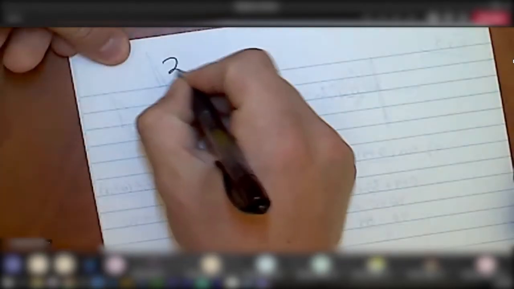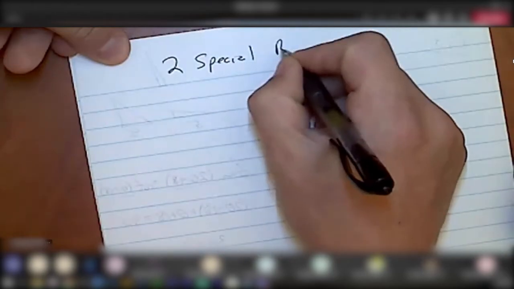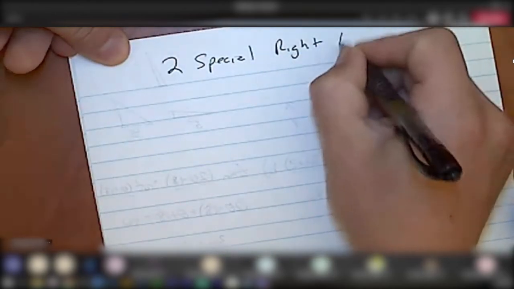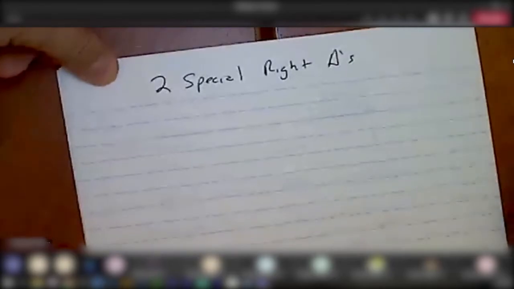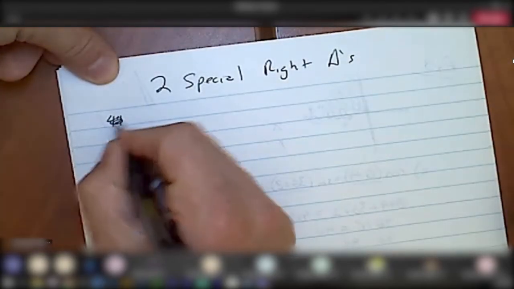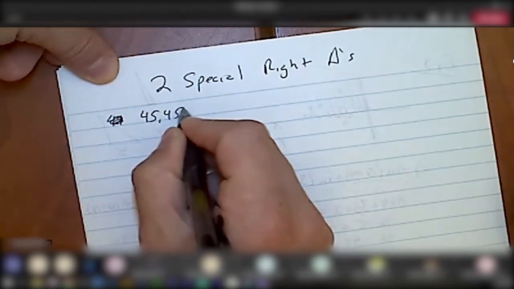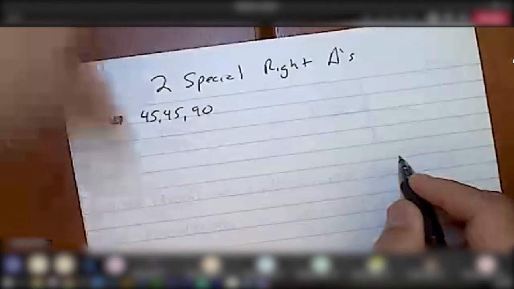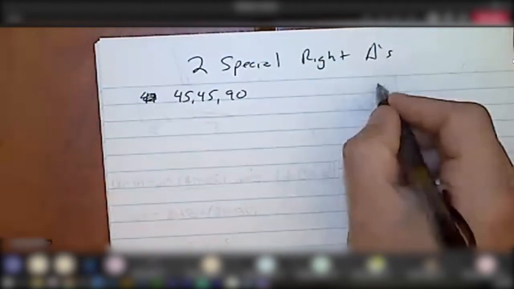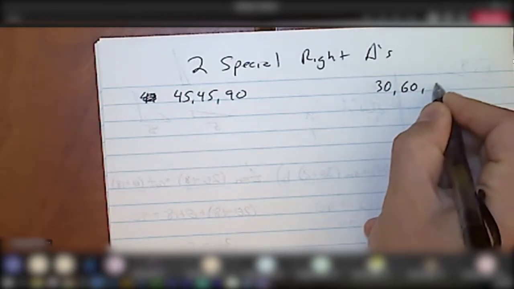So your two special right triangles are the, let me write this down first. Two special right triangles. The first one is the 45, 45, 90. And then the second one is the 30, 60, 90.